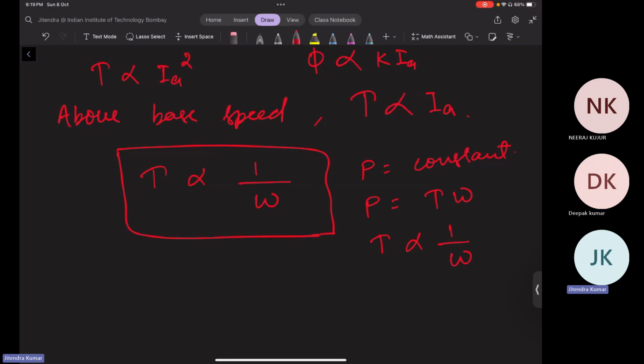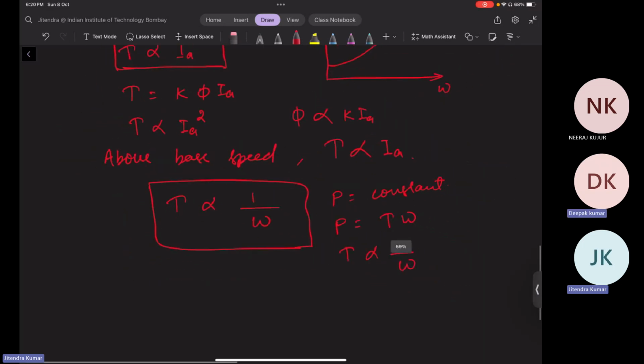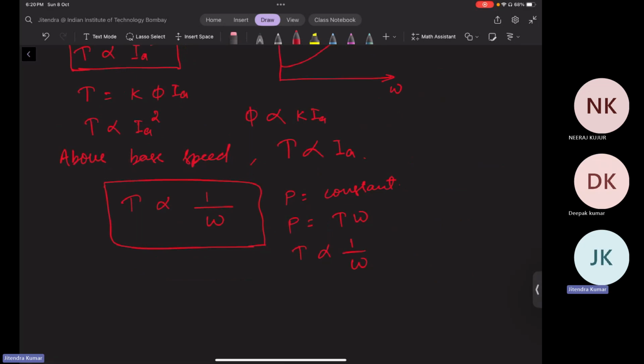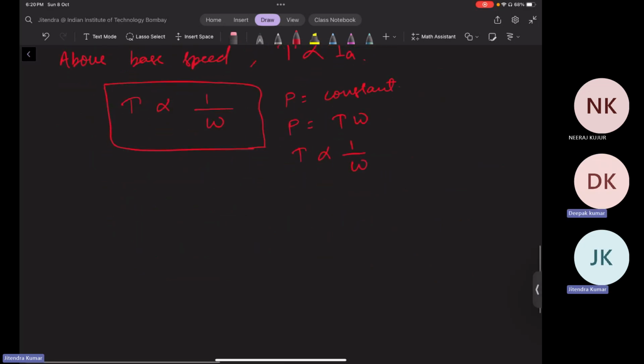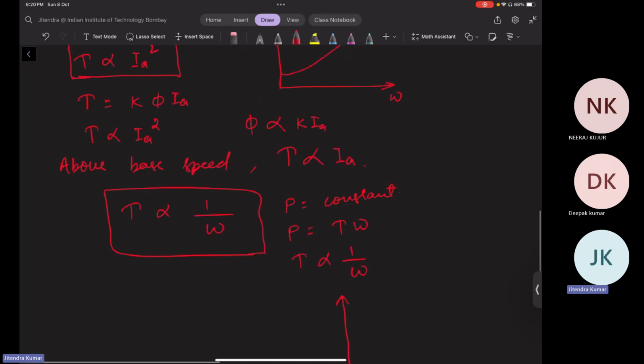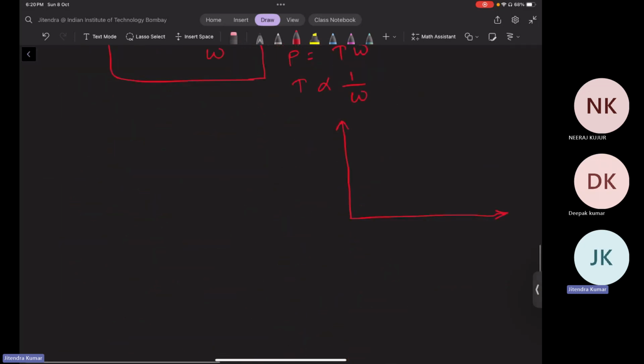And when you come to DC machines, the DC series motor characteristics, at lower speed, what will happen? At lower speed, the characteristic is proportional. That is the characteristic of the load it is driving. So what happens at lower speed?